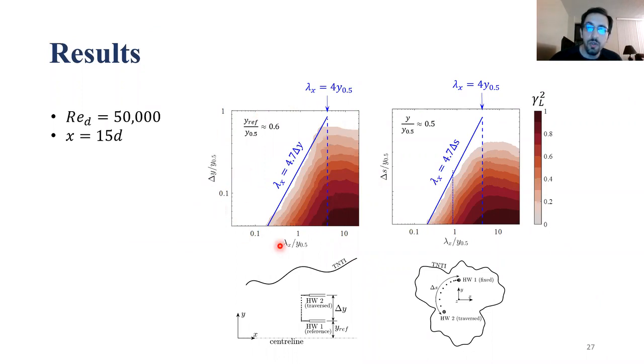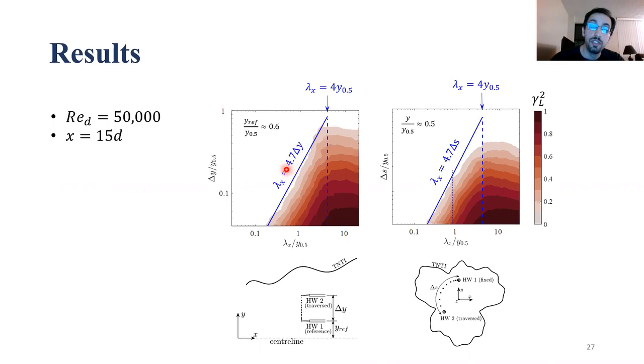So here I'm showing two experimental linear coherence spectrograms. One is for the radial measurement, and the other is for the azimuthal measurement, as you can see in these cartoons below. So in both of them, you can see the signature of the eddy structures where the isocontours are parallel to this line, which is lambda x equals 4.7 times delta y, which shows proportionality between the wavelength and the distance between the sensors.